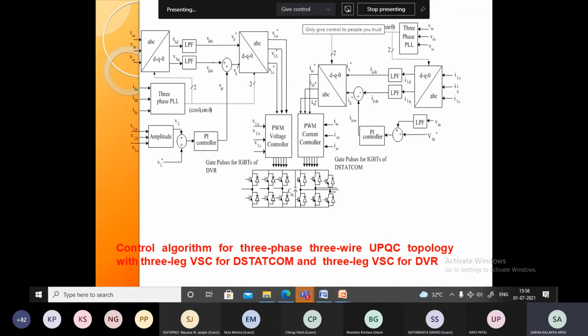So you have the three-phase voltage VLA, VLB, VLC, find the amplitude, and compare with the reference value. Put a PI controller, and its output you add with VSQ. Then you have VQ star. By this you want to maintain the voltage.